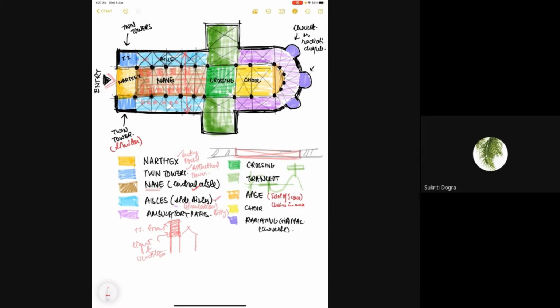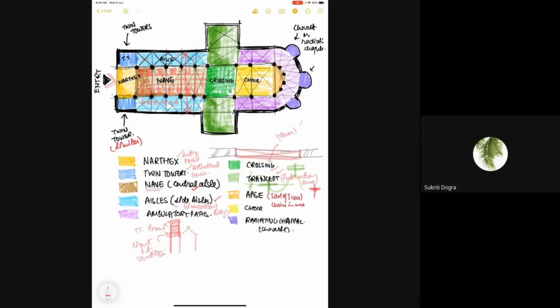Then coming to your transept, the transept is your actual intersectional area which forms that cruciform shape. So this thing is called a transept. The central portion in which your transept and the plan of the church intersect is called the crossing. And above the crossing, we generally have a tower.